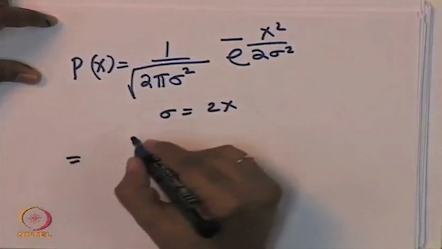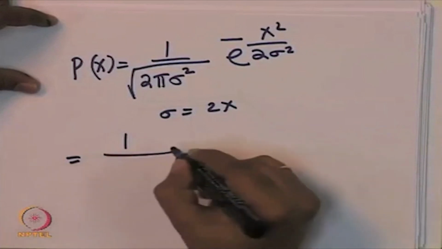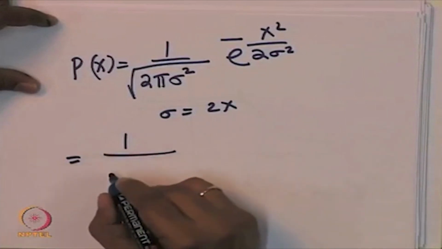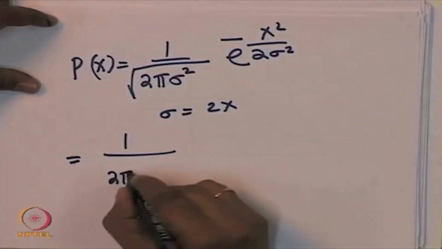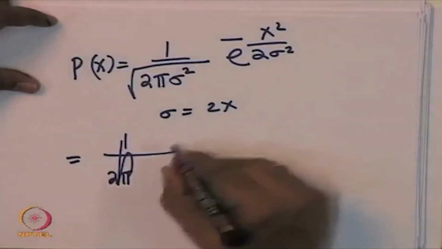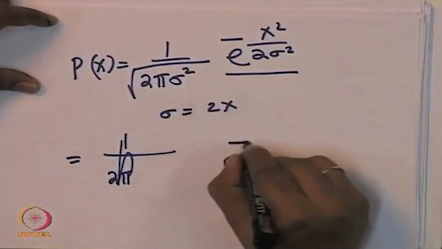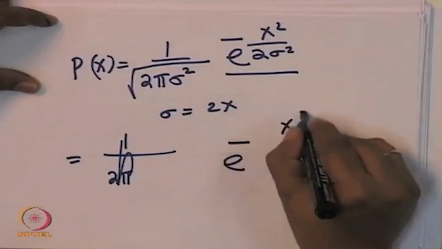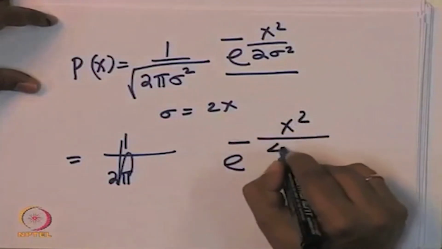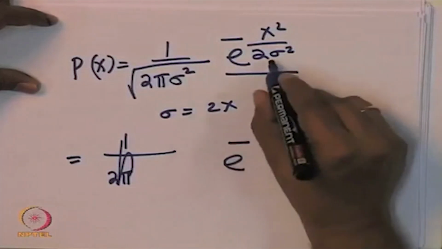So, what do we get? 1 over root of 2 pi. What we want is just this particular part, let us look at this particular part. If you look at this, what is that? E power minus x square by 2 into 2x square.